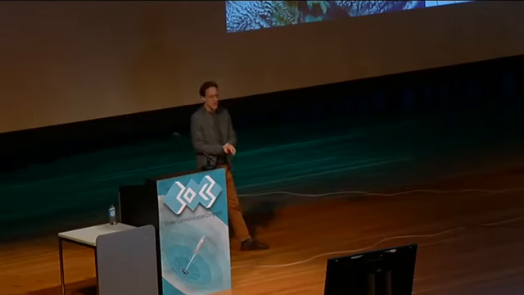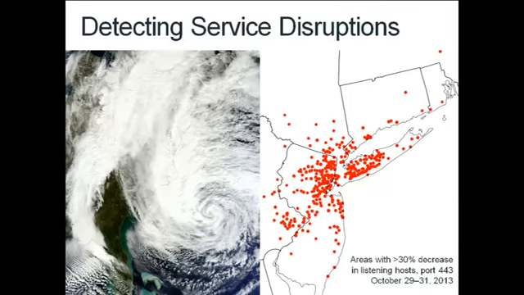So what we did is my student Zakir and I just used ZMap continuously to scan as fast as we could on, I think this was port 443 again, HTTPS, while the storm was going on. And we were able to look for areas in the network where there was a greater than normal decrease in the number of listening hosts.